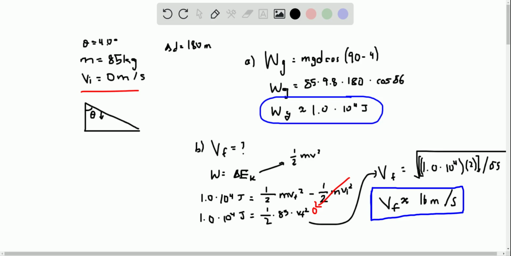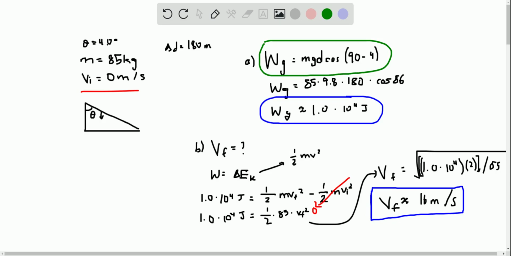Now some tips for solving similar questions to these. As you can see, the first thing we did was write out the information that we were given. We also drew a diagram to help us out. And lastly, it comes down essentially to the equations in which we plug in our values.